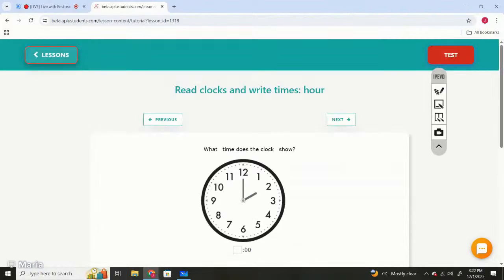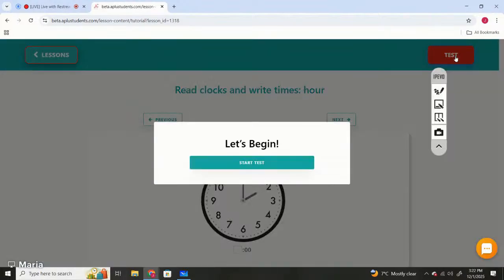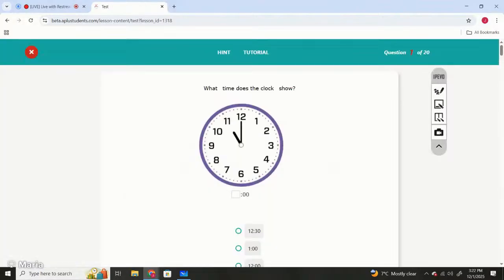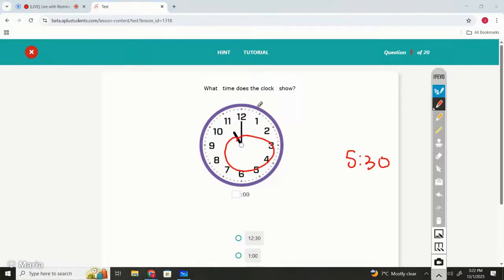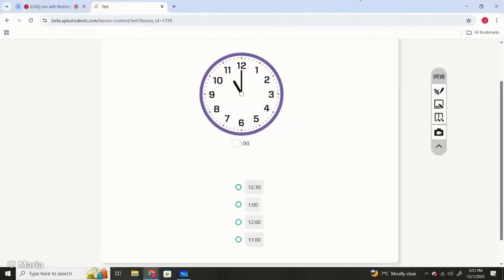Let's just start with the test questions. What time does the clock show? So the shorter hand matches to 11.